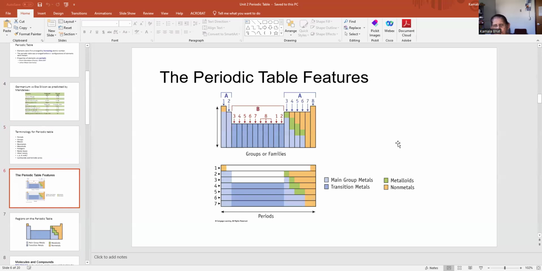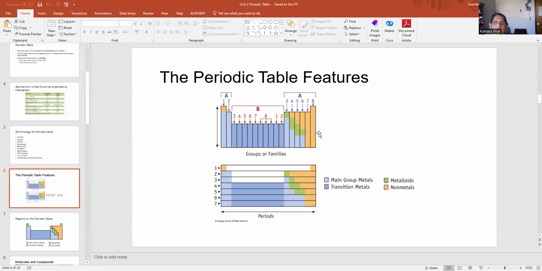So if you look at the periodic table over here, and just look at the vertical columns. The vertical columns are called groups or families, and we generally represent them as A and B groups. The A groups, group number 1, 2, 3, 4, 5, 6, 7, and 8, are called representative elements.